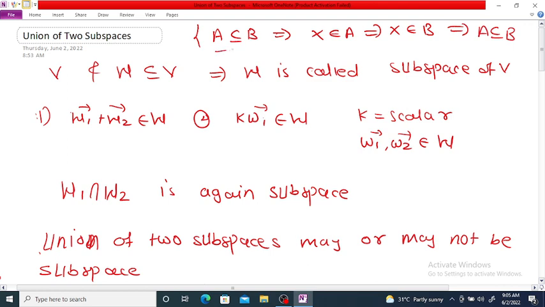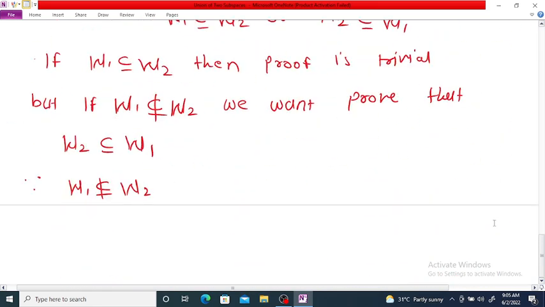Here we use the same logic to show that W2 is a subset of W1, because W1 is not a subset of W2.